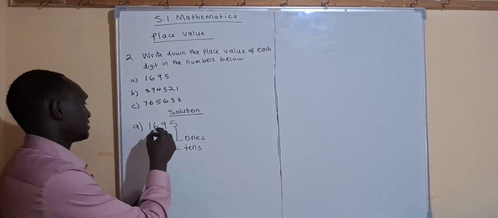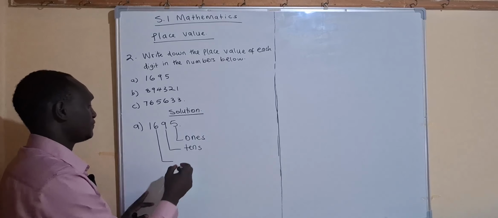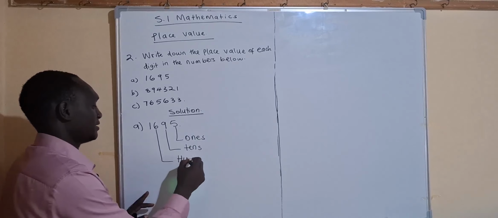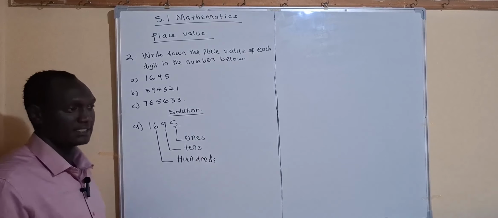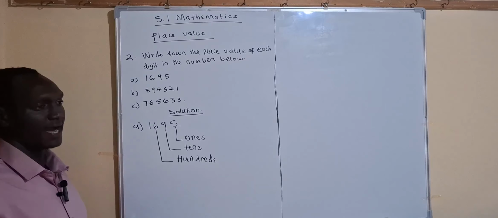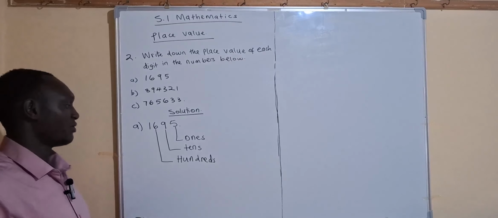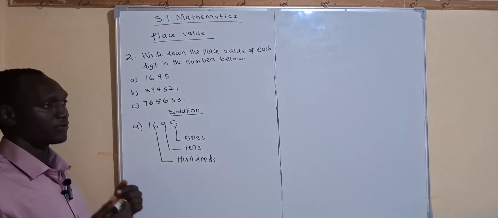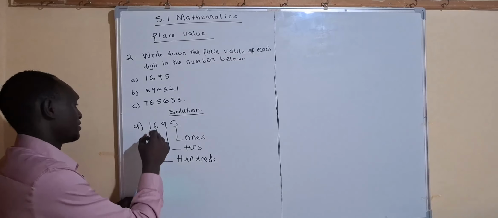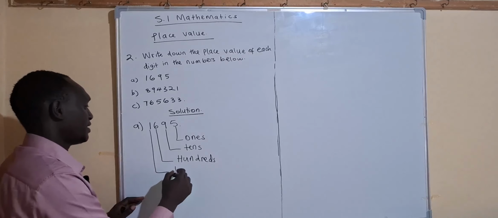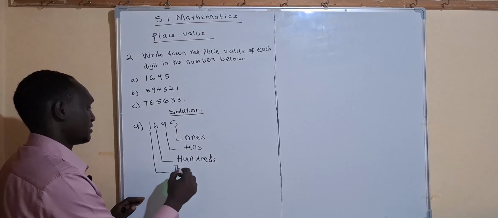And then 6 is in the position of hundreds. This means that in this number there are 6 hundreds, or hundreds are occurring 6 times. And then we come to 1. 1 is in the position of thousands.